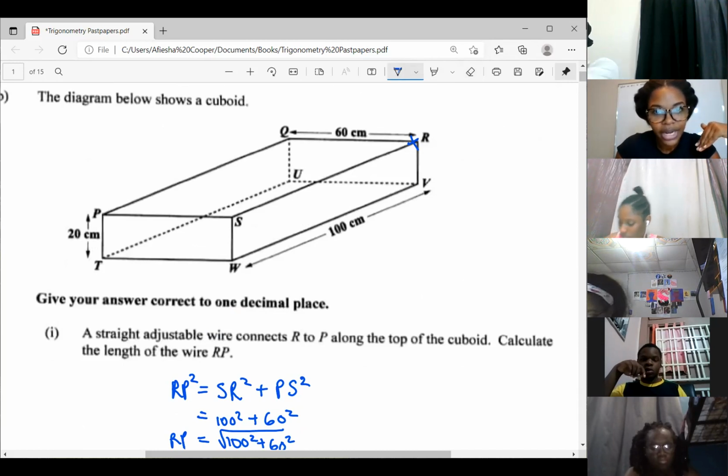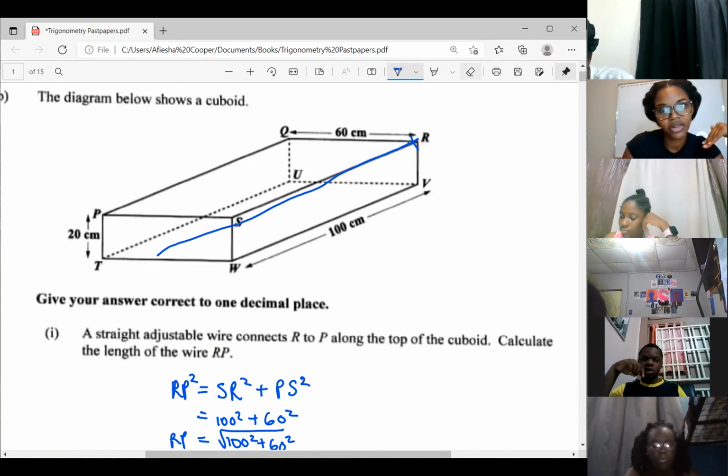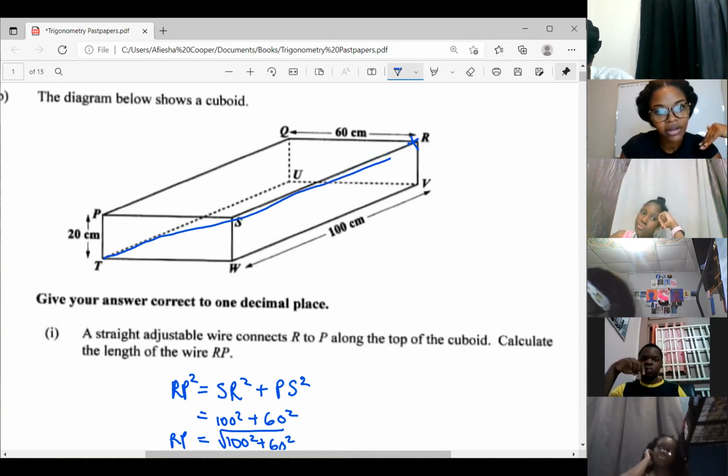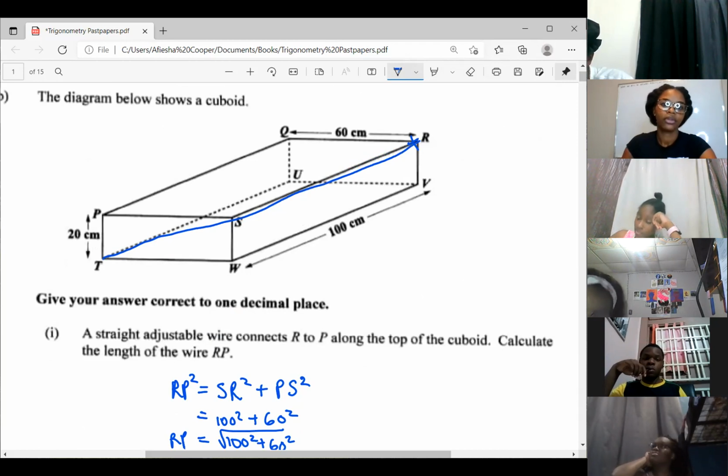So it went down like this, R going down to T, right? Who can tell me how to work this out? So that line is coming through the middle of the cuboid. How do we work this out now?